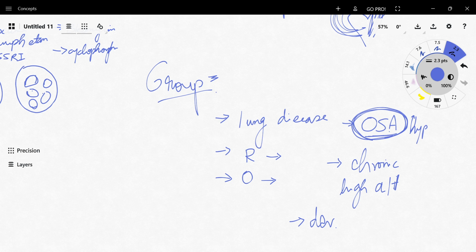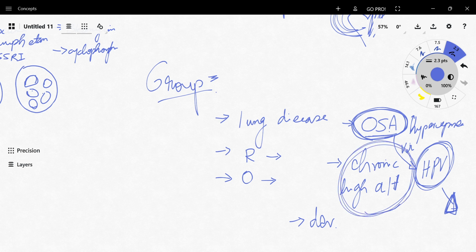The hypercapnia itself can cause vasoconstriction of the pulmonary vessels, and also it can cause hypoxic pulmonary vasoconstriction, which is a phenomenon wherein the pulmonary vessels clamp shut in certain areas to divert blood to better oxygenated lobes of the lungs, so that can happen. Chronic high altitudes also have a similar mechanism where they participate in hypoxic pulmonary vasoconstriction.